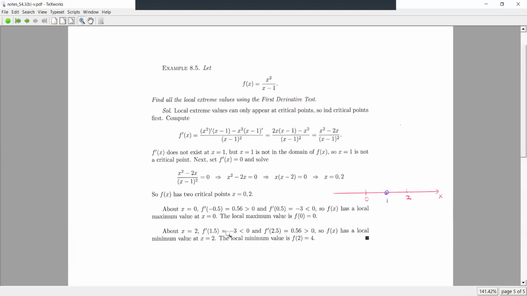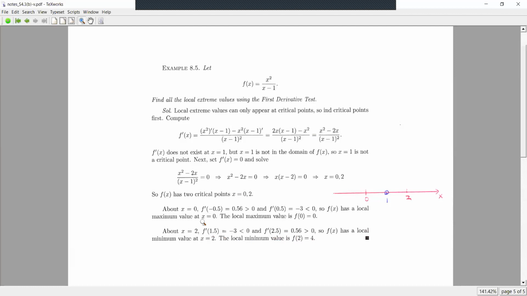The derivative at 1.5 is -3, less than 0. For the derivative on the right side, I choose 2.5, and it is greater than 0. So the derivative changes sign at 2 from negative to positive.